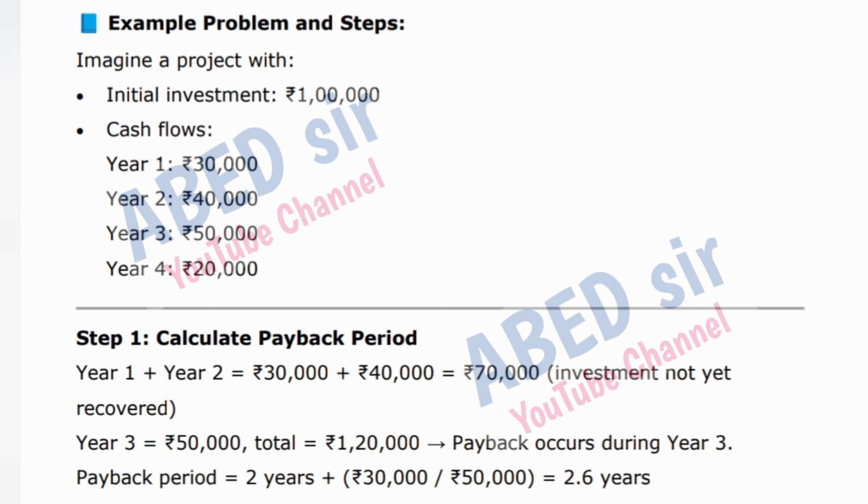Year 1 plus Year 2 is equal to 30,000 plus 40,000, which is 70,000 rupees, investment not yet recovered. Adding Year 3's 50,000 rupees, the total is 1,20,000 rupees. Payback occurs during Year 3. Payback period is equal to 2 years plus 30,000 by 50,000, which is 2.6 years.